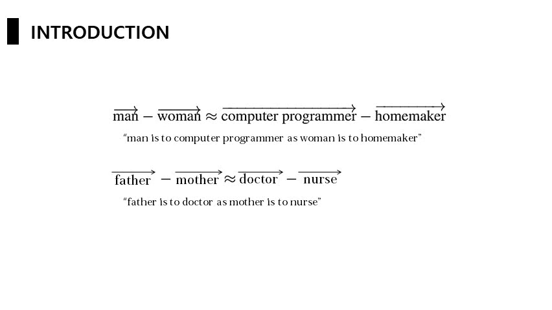In this paper, they quantitatively demonstrate that word embeddings contain biases in their geometry that reflect gender stereotypes present in broader society.